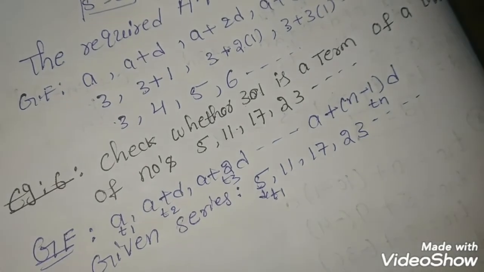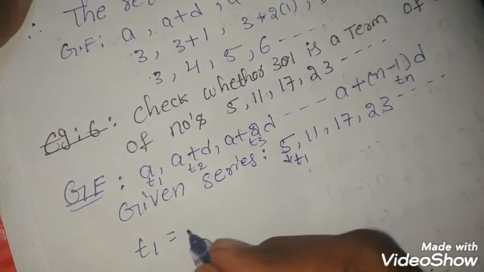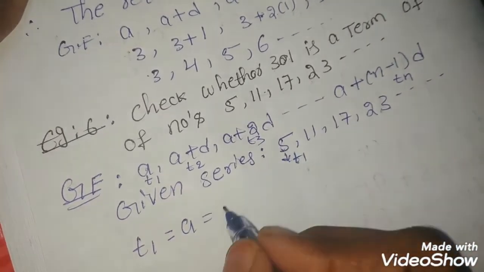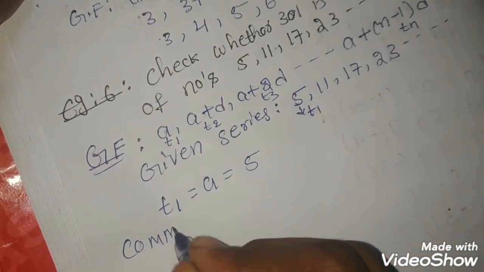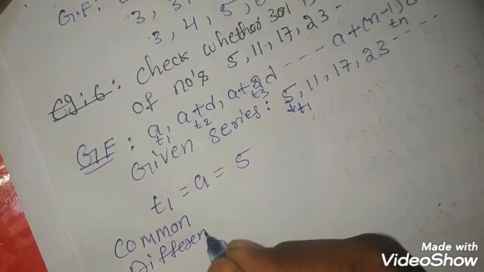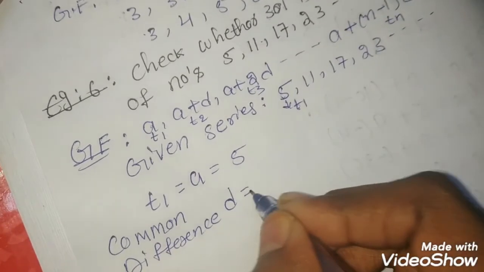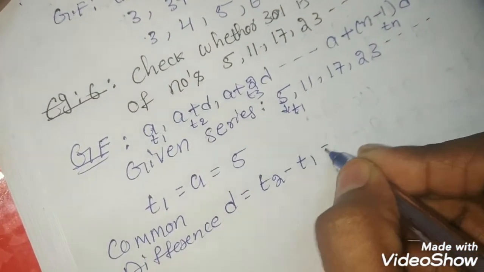Okay, what is A? Term 1 here. Term 1 is equal to A is equal to, what is this? 5. Let's take the common difference. Common difference D is equal to, what is the formula of D? T2 minus T1. What is T2 here?